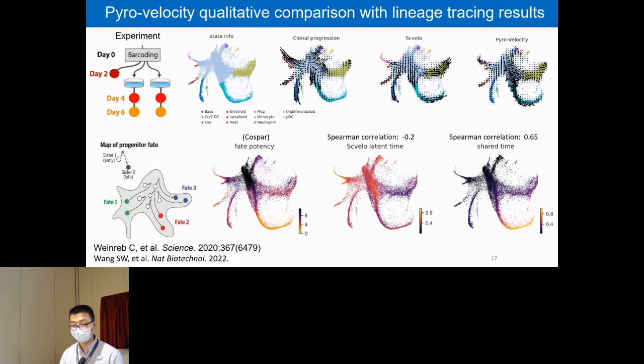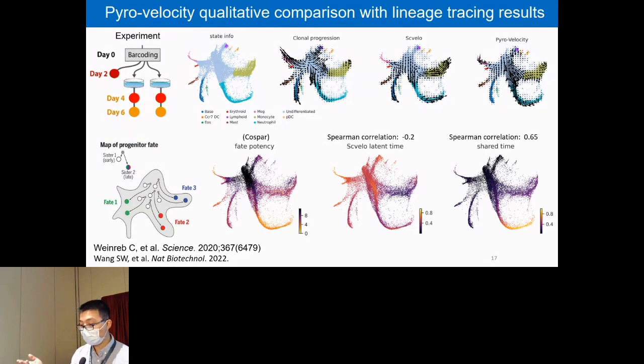Given vector fields do not have a gold standard representation, we try to benchmark our algorithm with a fate potency score, which was developed in CoSpar. This score can be regarded as a gold standard to benchmark the latent time or shared time. Based on such a metric, our method has a positive correlation of about 0.65 with the fate potency score.